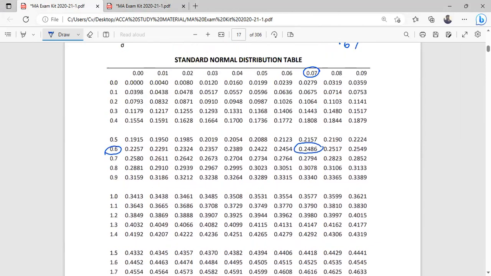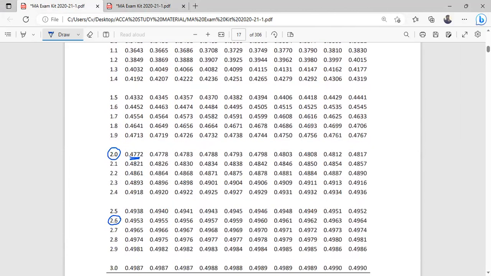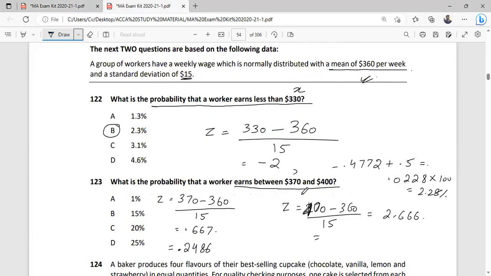It is 0.4962. So he is saying in between. To calculate the in between, we will calculate the difference between these two values which we found from the distribution table.